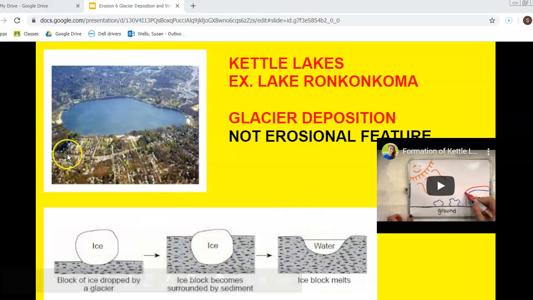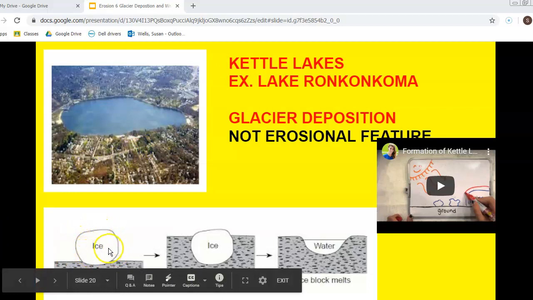This is Lake Ronkonkoma. It is not an erosional feature, it is a depositional feature, because you get a block of ice that gets dropped off when the glacier starts retreating. It eventually gets covered by the meltwater and depositing, and then when the ice block melts, you'll get a glacier formation called a kettle lake.